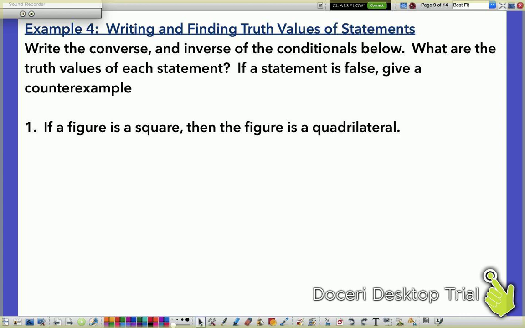Okay, so when we write the converse, this becomes our if. Okay, this becomes our then.